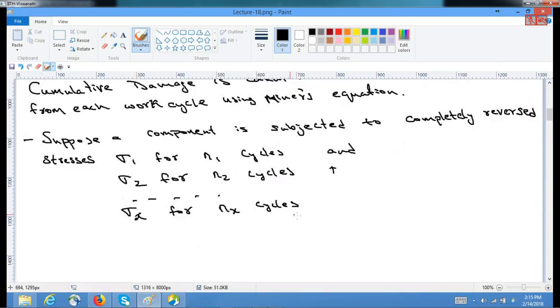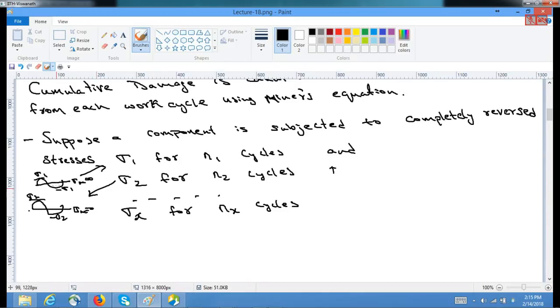So at the sigma 1 level of complete reversal, it would be sigma 1 and minus sigma 1, a complete reversal of load. For this one it is sigma 2 and minus sigma 2, complete reversal of the loading. Similarly, so on, everything you will have, mean stress is 0, sigma mean is equal to 0 in this case, sigma mean is also 0 in this case.